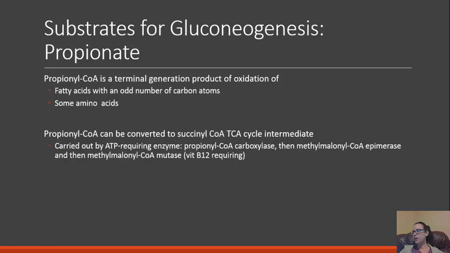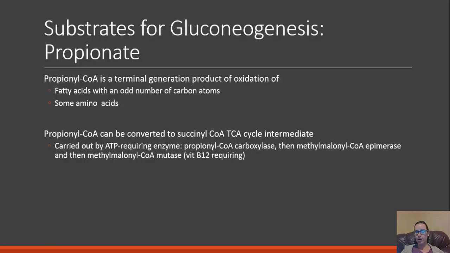Okay, and then our last substrate that we can utilize for gluconeogenesis is propionate. Propionyl-CoA is a terminal degradation product when we oxidize either fatty acids that have an odd number of carbon atoms or certain amino acids. The propionyl-CoA can be converted to succinyl-CoA by an ATP-requiring enzyme, propionyl-CoA carboxylase.